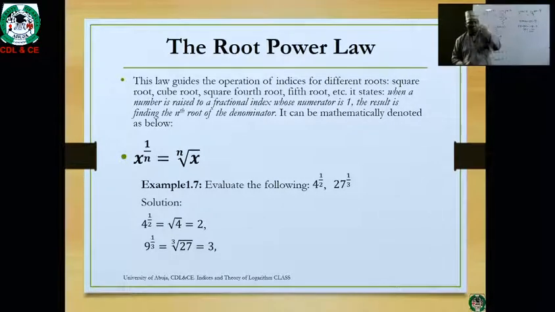Since it's raised to power 1, we just leave it like that. So we have 4 raised to power 1 over 2, we find the square root of 4, which is 2. 9 raised to power 1 over 2, 27 raised to power 1 over 3, we find the third root of 27, which is 3.